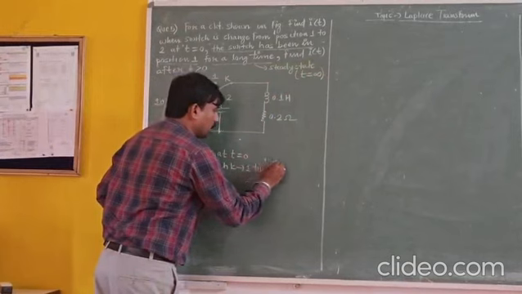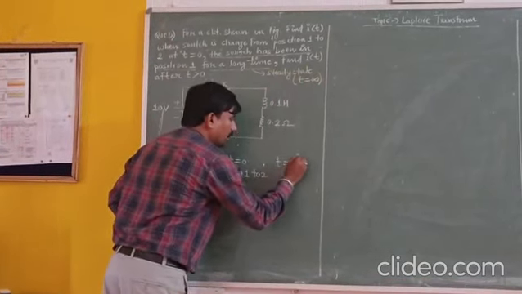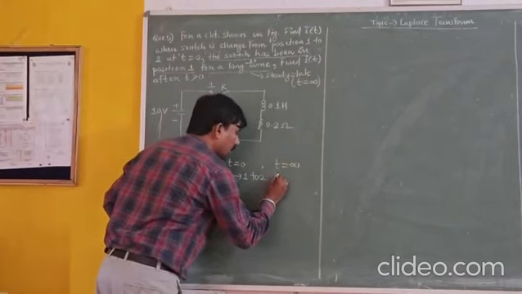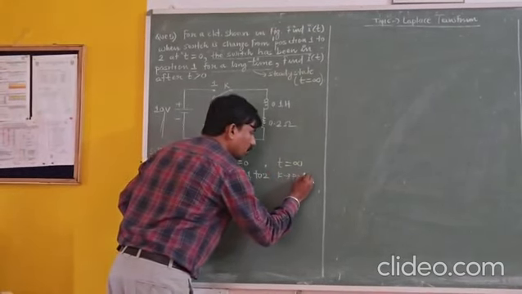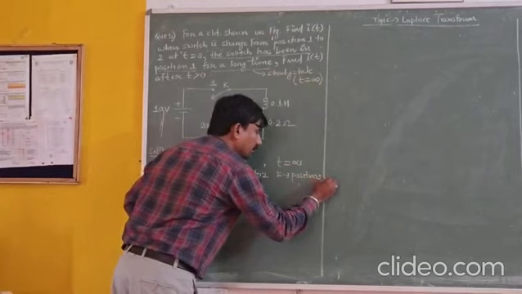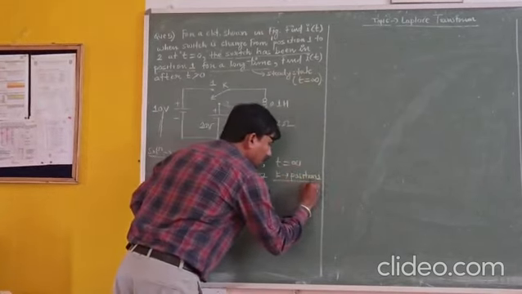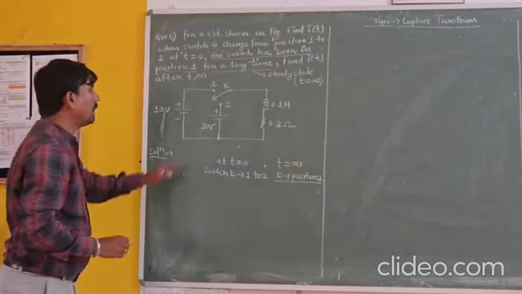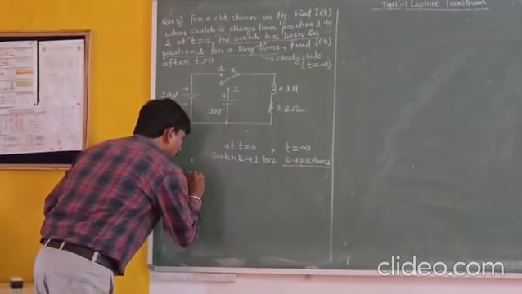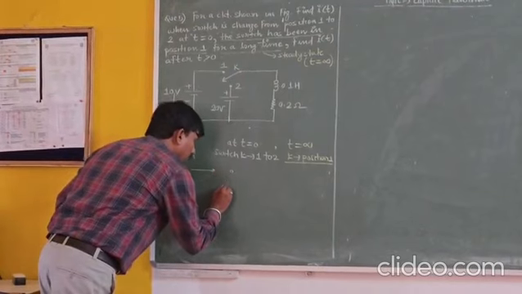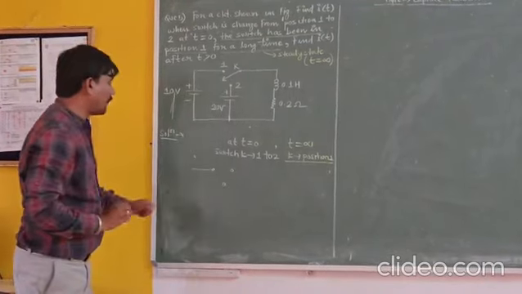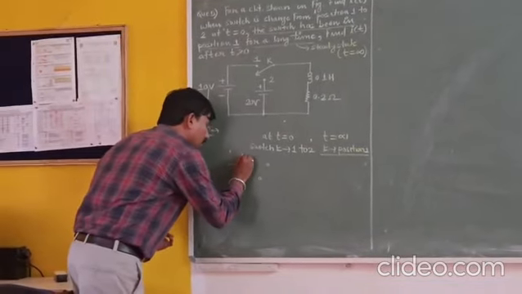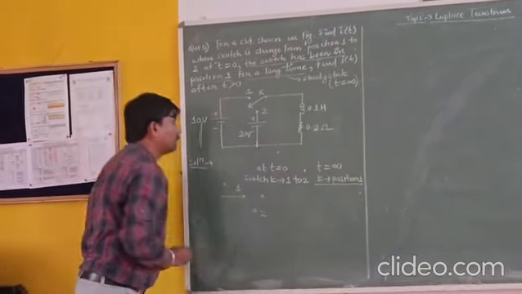Now here at t equals infinity, the switch K is at position 1. By considering this statement, we have to draw the diagram. Let us consider this is the start of the circuit diagram, and this is position 1 and this is position 2.